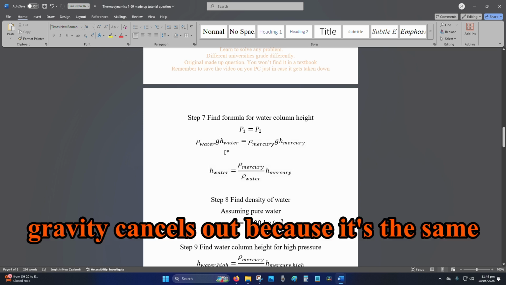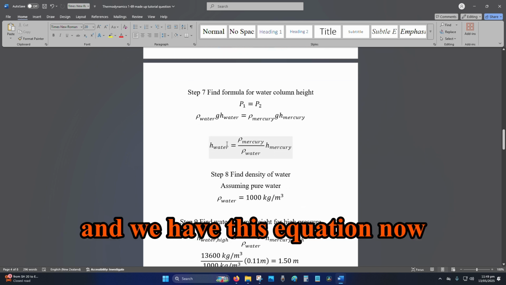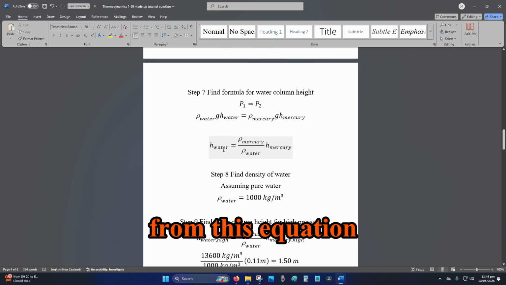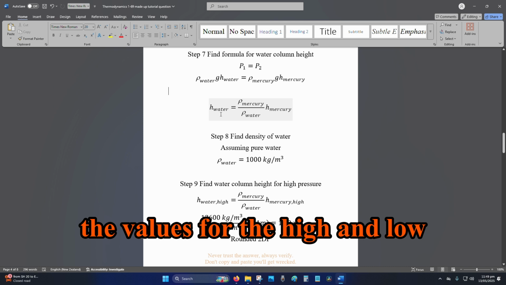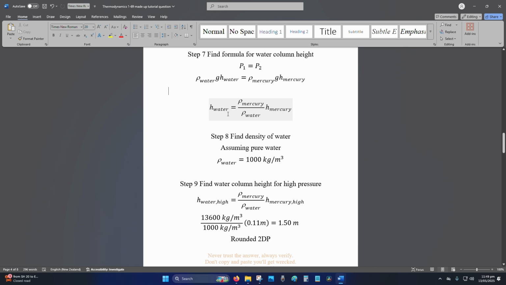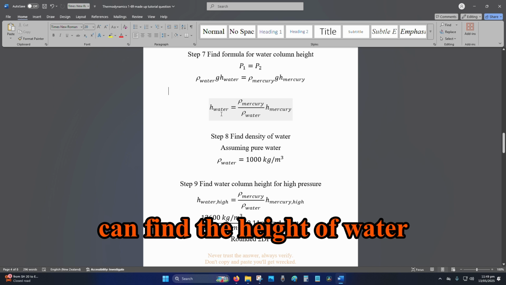So gravity cancels out because it's the same. And we have this equation now. From this equation, we can now plug in the values for the high and low pressures using the heights, and we can find the height of water.